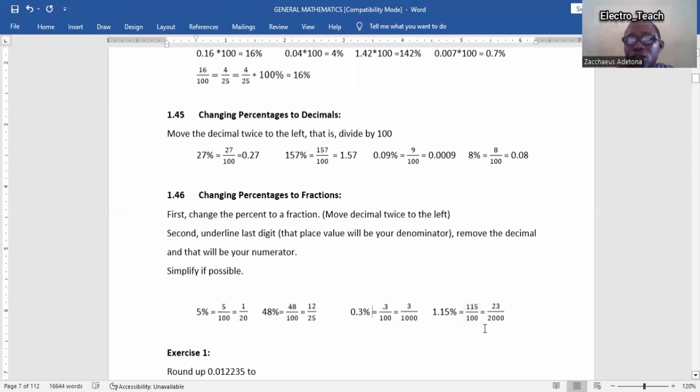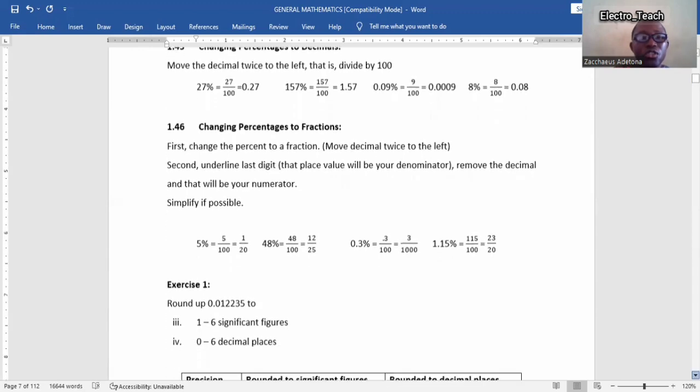We divide it through by 5. We have 23 over 20. So that's how to convert between percentages and fractions.